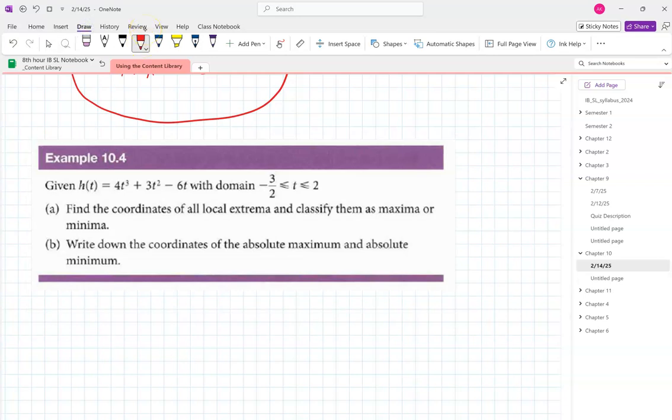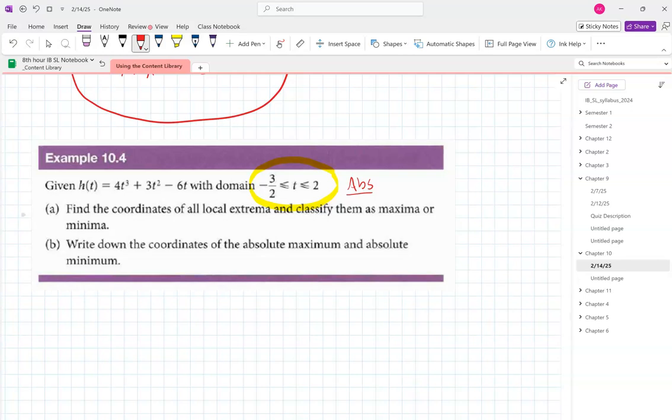All right. It says given h of t equals 4t cubed plus 3t squared minus 6t with domain negative 3 over 2 less than or equal to t less than or equal to 2. What's this going to be telling us? Is that we can find absolute extrema because it's on a closed interval.